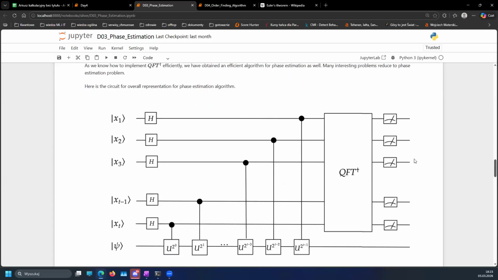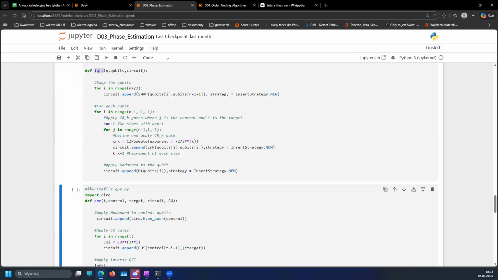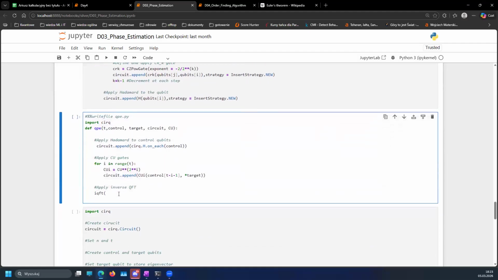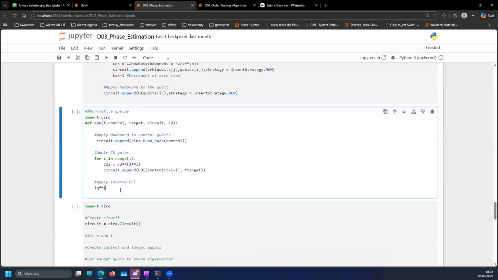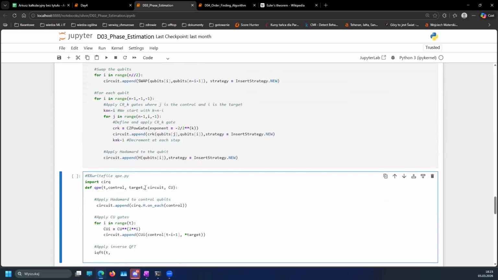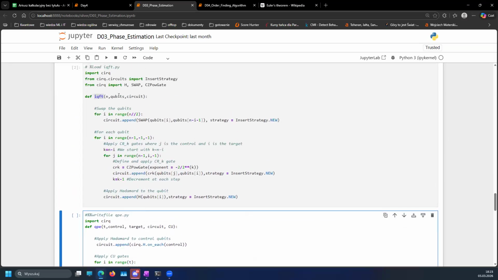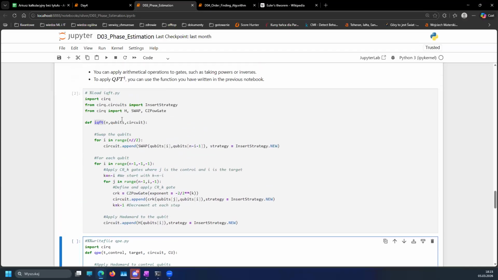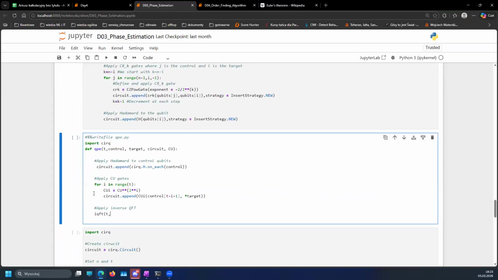And maybe a remark about the numbering: in the code, we started from 0 and we ended at t minus 1, yes, so this is why we have t minus 1 here. So IQFT, and here we have t qubits. And we also need to pass on which qubits, so how the register is named, and it's named control.